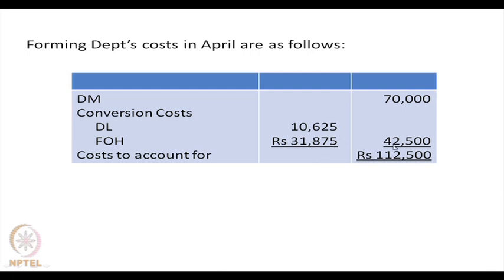Together they came to 42,500 rupees. The conversion cost were 42,500 rupees, and therefore, the total cost in April that occurred in the forming department and which has to be accounted for is the sum of the direct material cost and the conversion cost, that came to 112,500 rupees. So, up to this there is no problem.